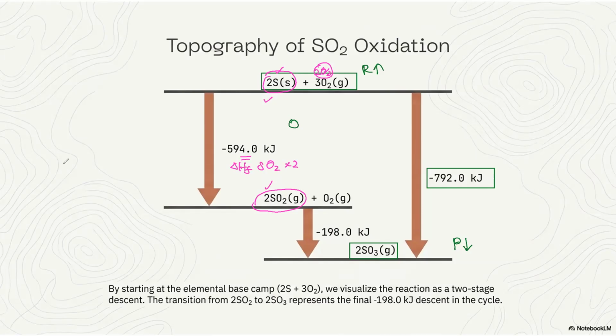Do you notice that out of this reaction, only part of the O2 is reacted. You have only 2 O2 gas reacted. So how many oxygen unreacted? You have 1 O2 unreacted. So this unreacted O2, you move it down together with it.